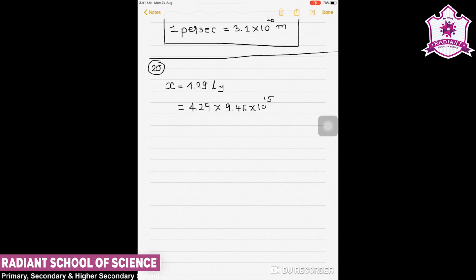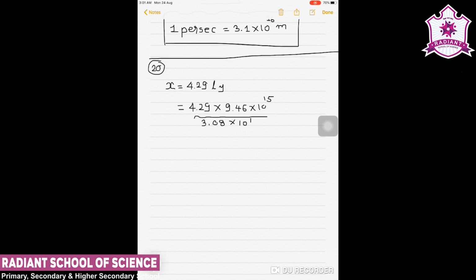Now suppose I want to convert it into parsec. To convert it into parsec, I need to divide it by 3.08 into 10 raised to 16.